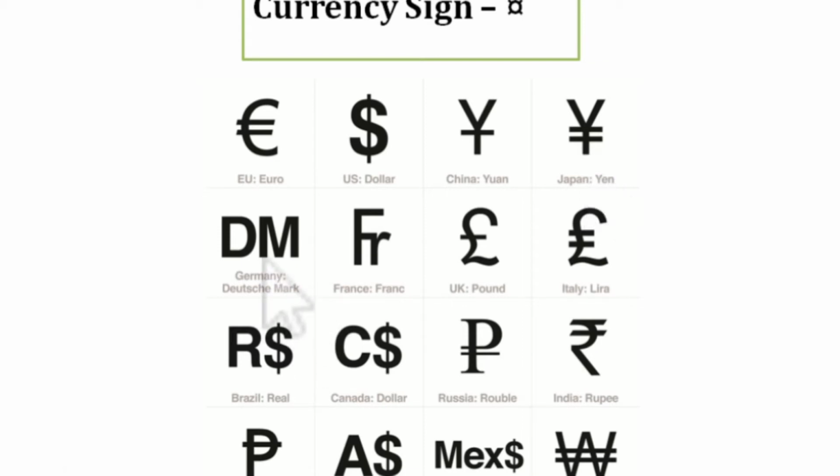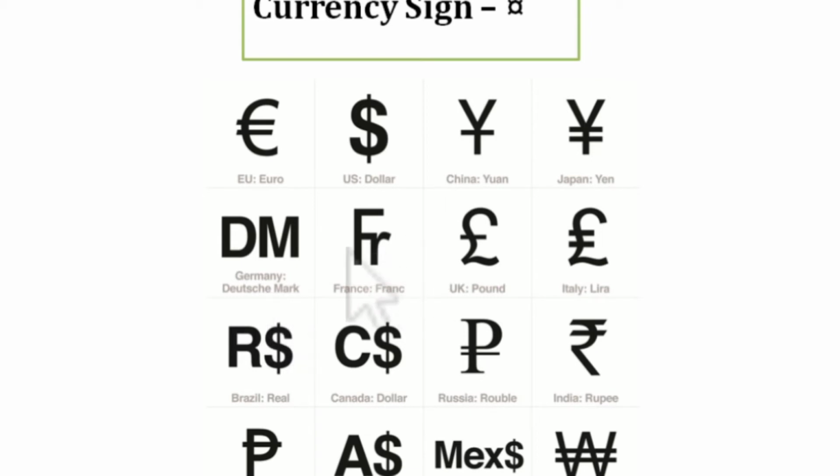Next one, where I am putting the cursor, you can see is written DM. It is the currency of Germany and it is pronounced Deutsche mark. It spells D-E-U-T-S-C-H-E, Deutsche mark.